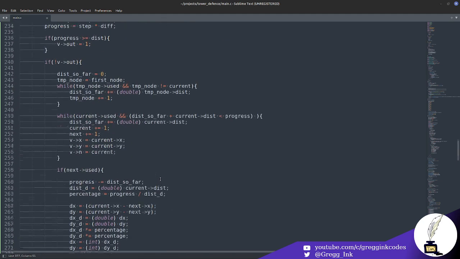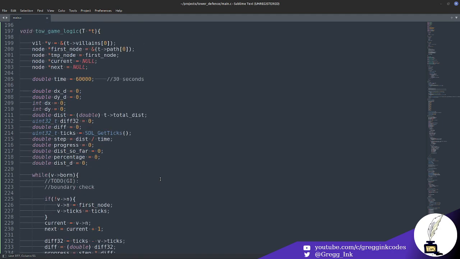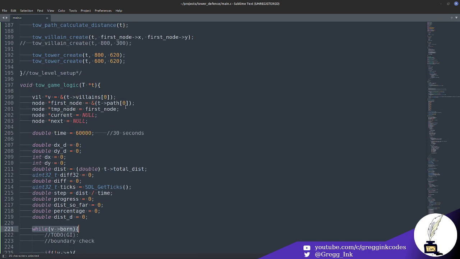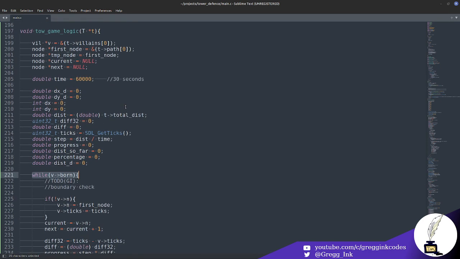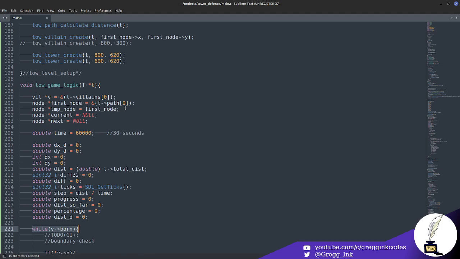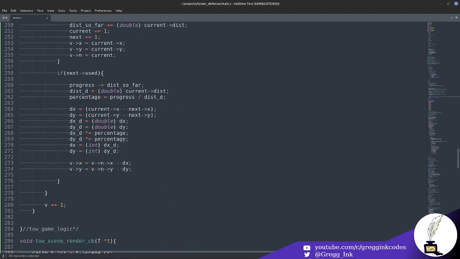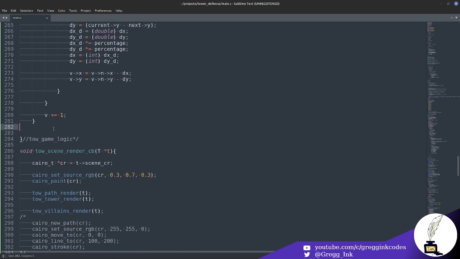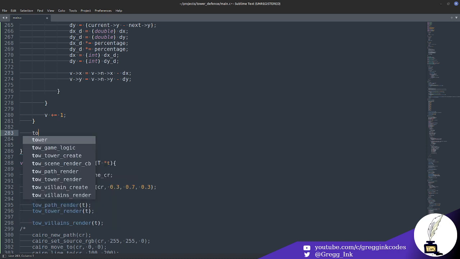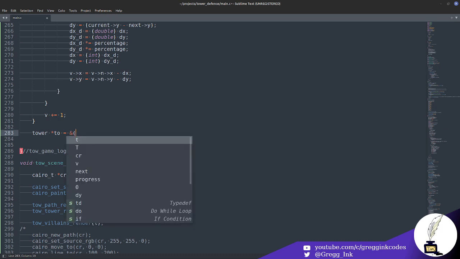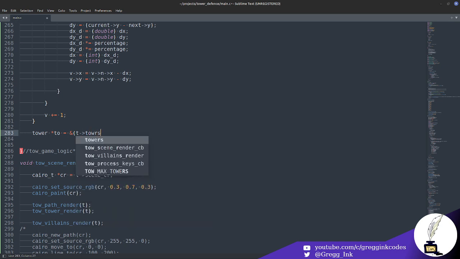So where's my game logic? Here, and that is already quite busy, right? While born. Okay, I'll do it there for now, and we'll figure out a better way later. Towers.